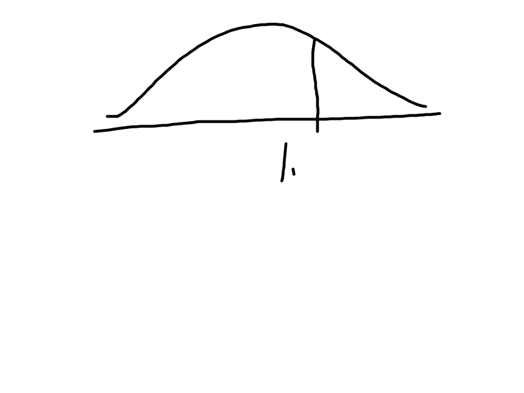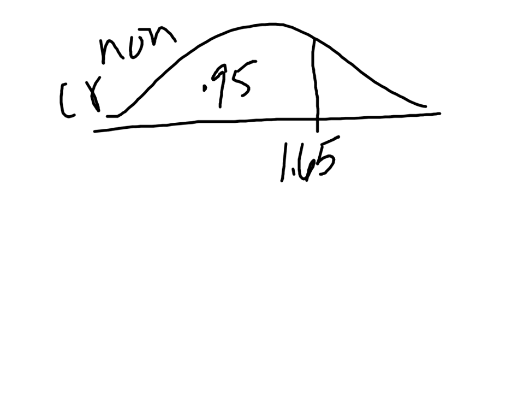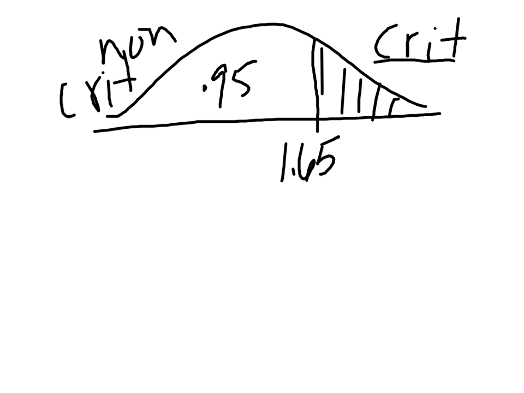Our cutoff value, this was the 0.95 that was non-critical, and this was our critical region. It's just a little drawing to help me, and I recommend that you draw one also. Okay, the z-value that we calculated was 3.39.